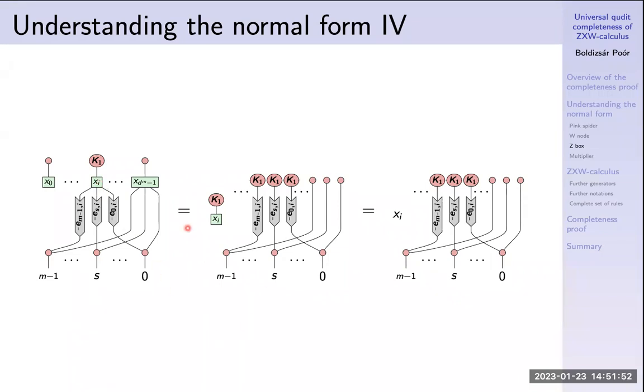And what we end up with here is this scalar and all of these basis states copied through. But here we only had this K1 here. So K1 is going to be connected to these multipliers. And if we write this thing up, we can see that this actually corresponds to just the x scalar. All right.